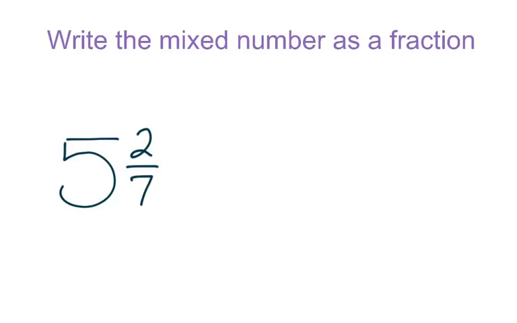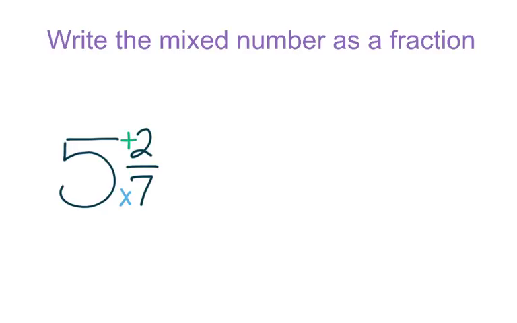All right, I have a few for you to practice. So for this first one, we're going to write the mixed number as a fraction. Go ahead and do this now. If you're not sure, you should go back and look at your notes. To solve this problem, I'm going to use option number 2. So I'm going to do the multiplication addition method. I'm going to start with my multiplication, and then I have my addition here.